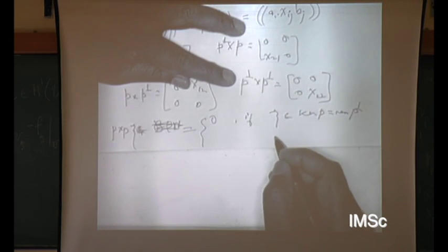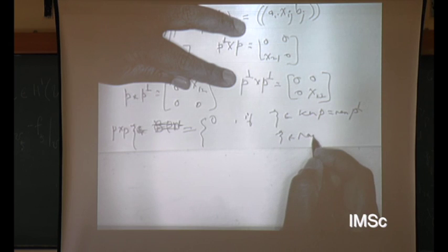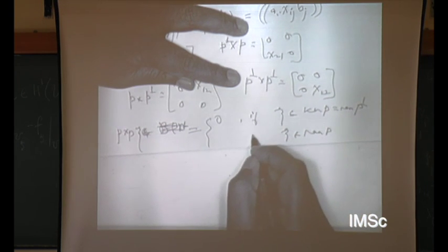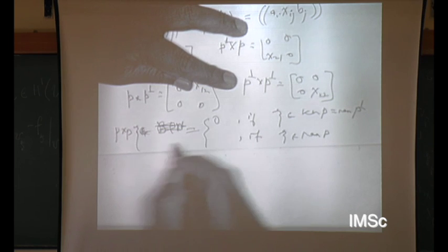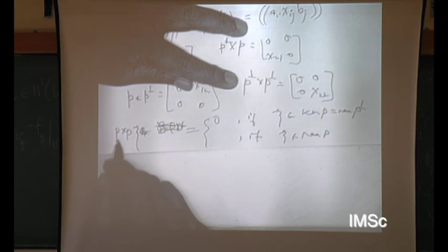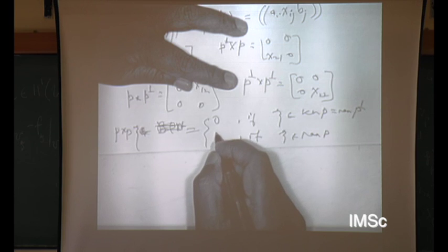And if xi is in the range of P, what will you do? First, what is P xi? P xi is xi. So there will be just PX xi.